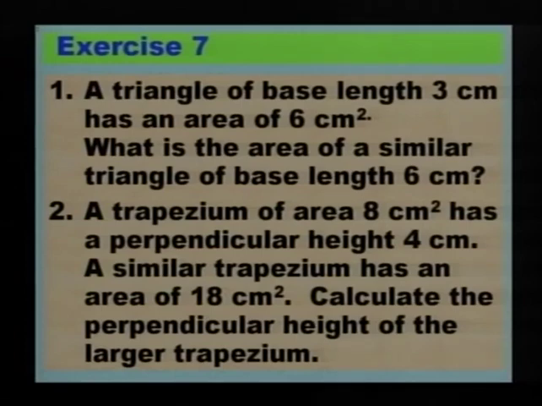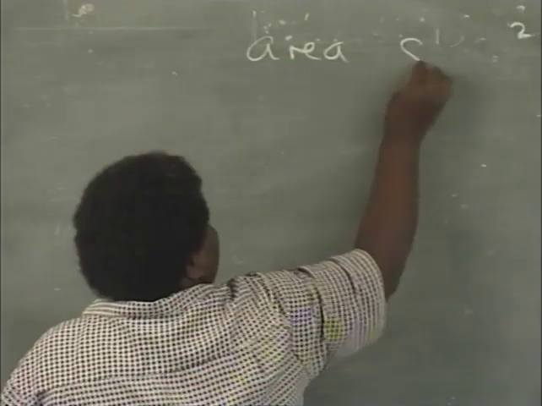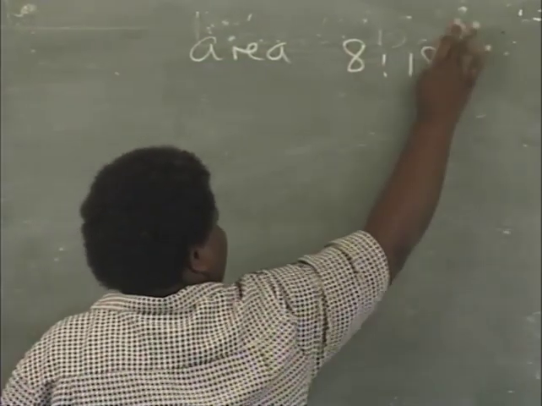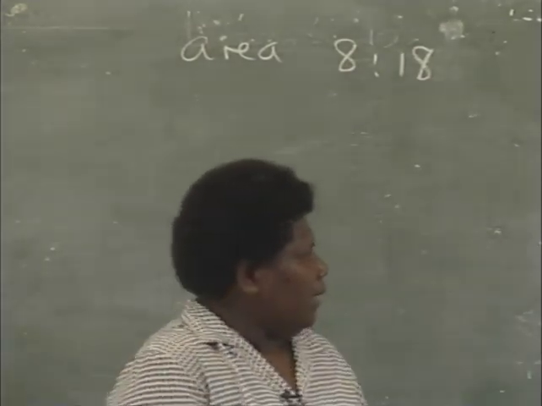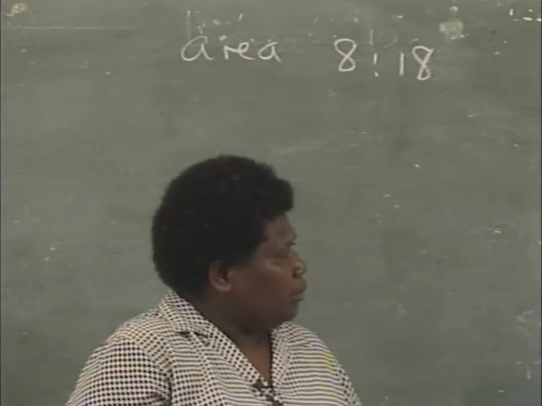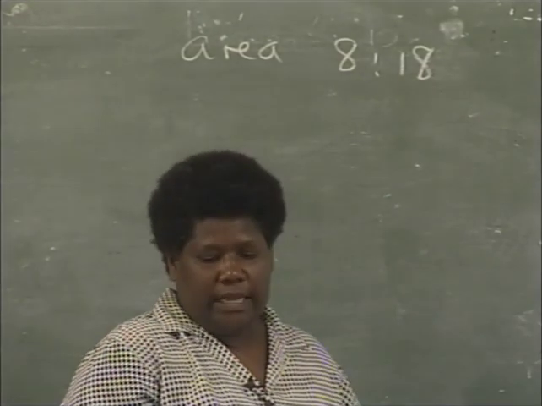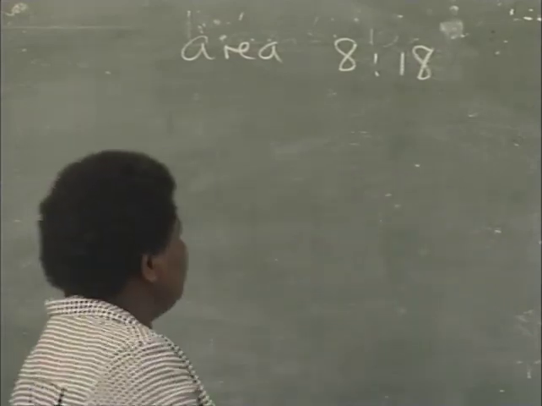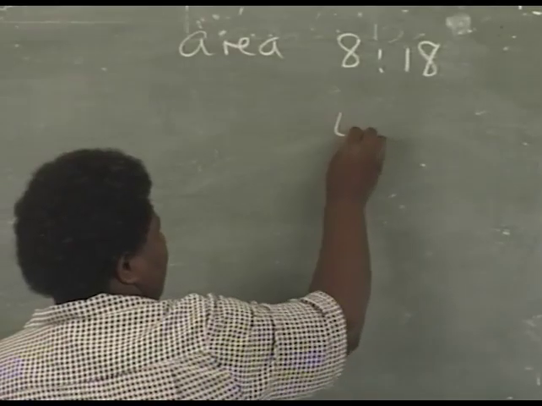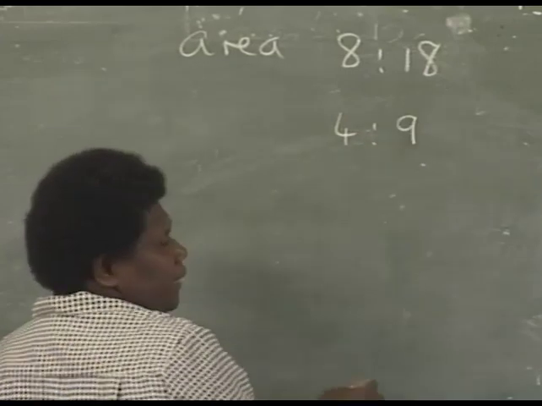All right, the ratio of their areas will be 8:18. If you cannot find the square root or the cube root, try and simplify. The reason why I got the cube root of 7 and the cube root of 2 just like that is because I couldn't simplify 7 and 2. That's the smallest I can go. But 8 and 18 you can. 4:9.